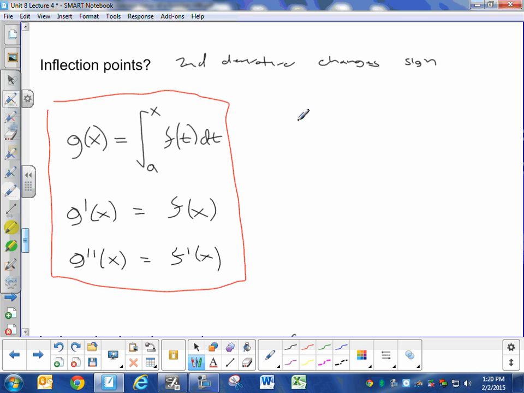Okay, so what's going to happen in these problems is you're going to have information for f, but you will be asked questions about g. So you have information for f, and you're going to be asked, when does g increase?